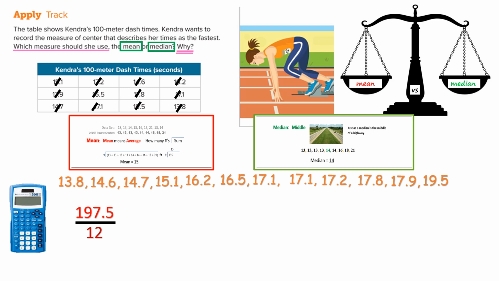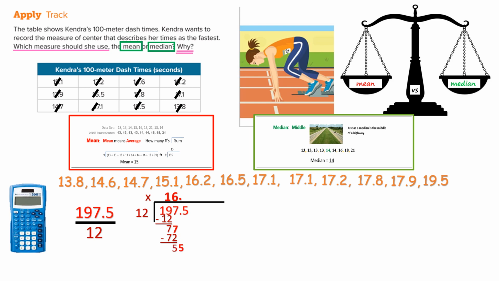Then we see that that is a fraction, and fractions are always division, and the top number always goes inside the box. So I'm going to take my 197 5/10 and divide it by 12, always raising my decimal and then dividing. 12 goes into 19 once. 1 times 12 is 12, so I have 7 left over and bring that down. And 12 goes into 77 6 times, because 6 times 12 is 72.